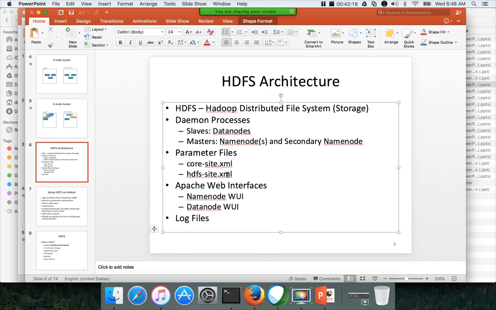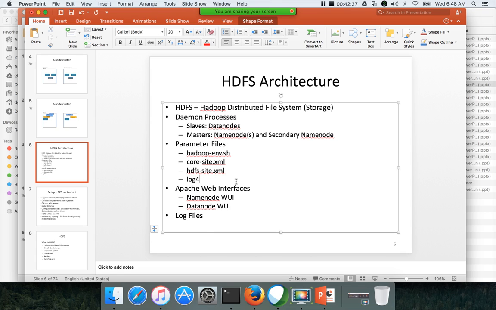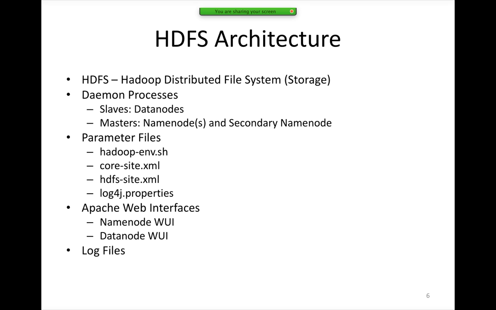All of these are important. hadoop-env.sh will tell how much memory should be given to the daemon processes which will be running. hadoop-env.sh is relevant not only for HDFS, but also for MapReduce.